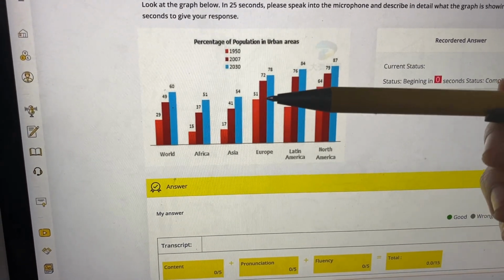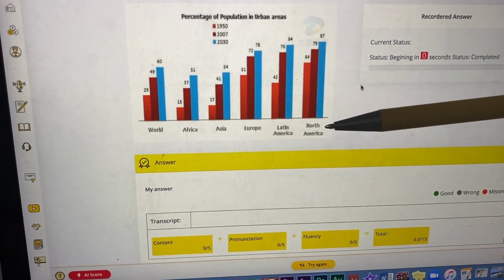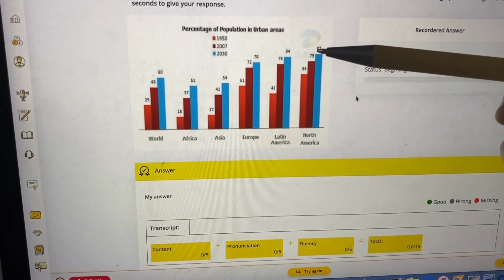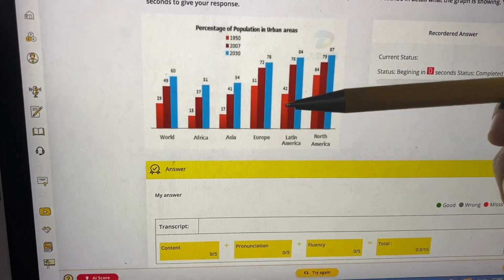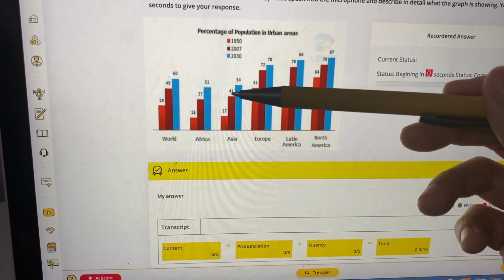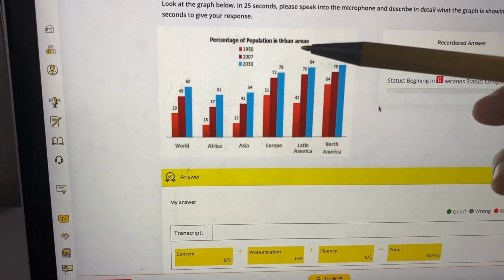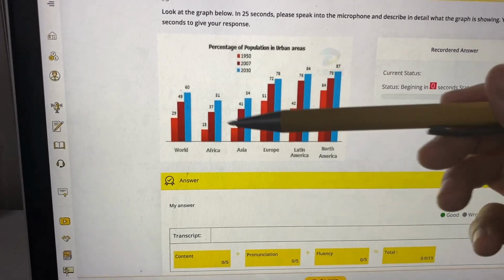So I say, according to the picture, the maximum is North America, which can be seen at 87. Done. Or according to the picture, the maximum is Asia, which can be seen at 41. Doesn't matter. Just make sure that you read the template and then whatever is shown in the picture.